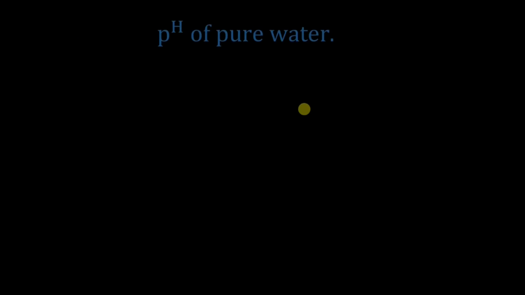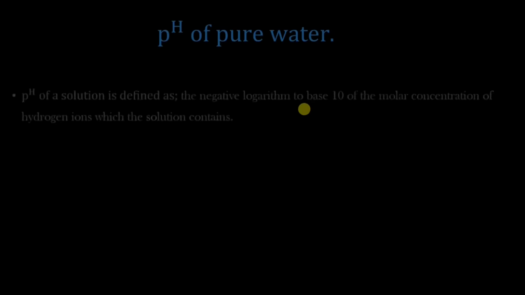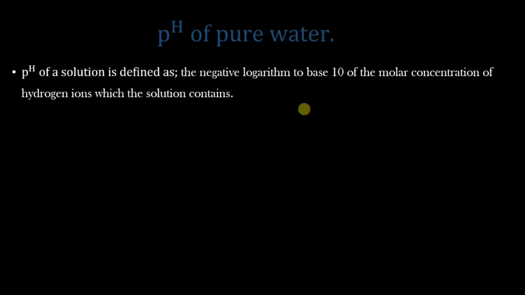Now the pH, by definition, is the negative logarithm of the molar concentration of hydrogen ions that a solution produces. So for the pH of any solution, we just take the negative logarithm to base 10 of the molar concentration of hydrogen ions contained in that solution, and mathematically we can express it as pH equals negative log of the molar concentration of hydrogen ions.